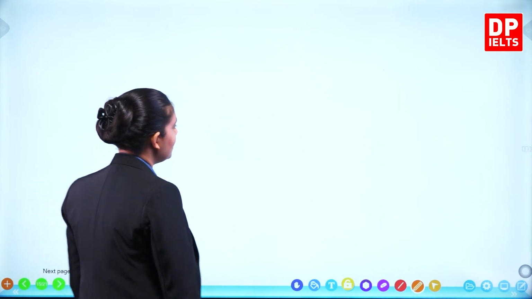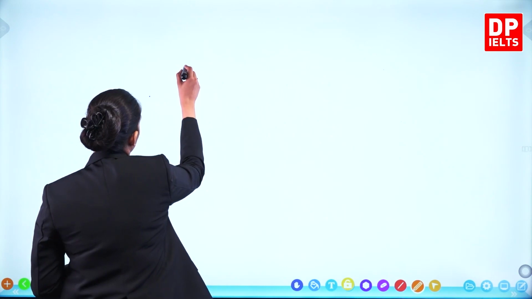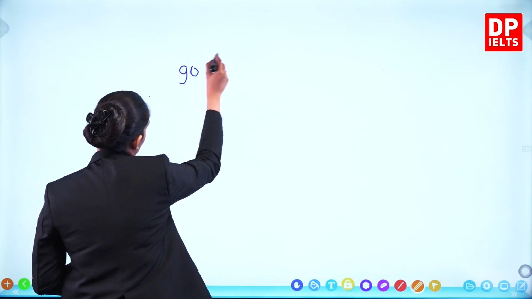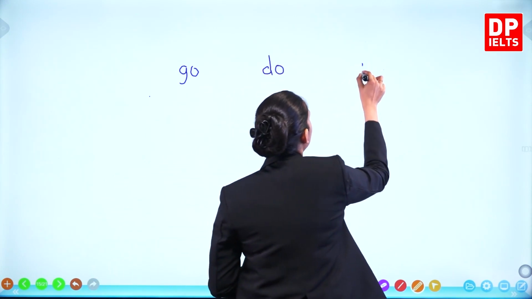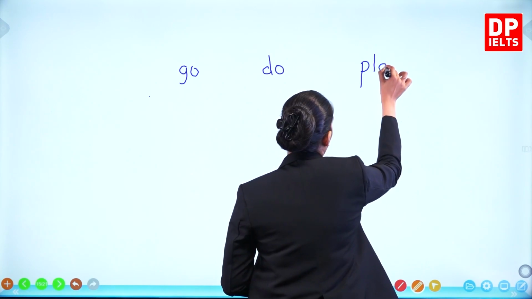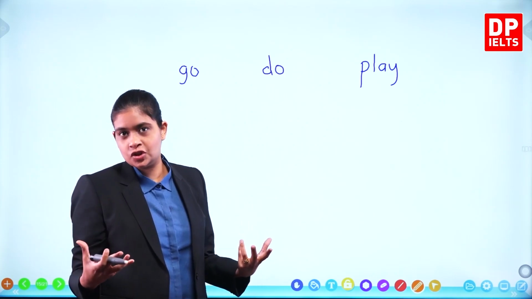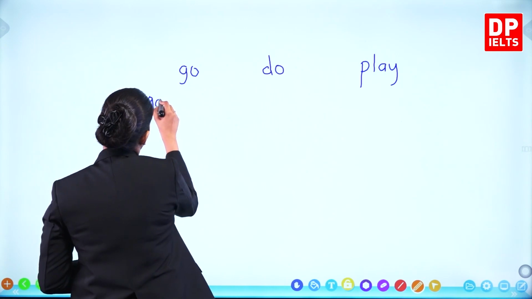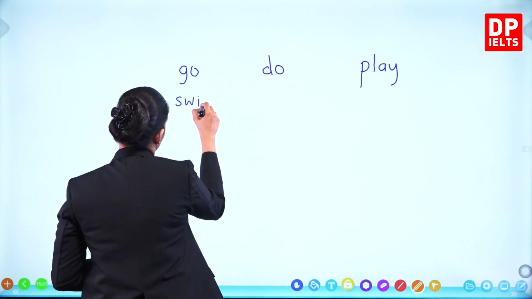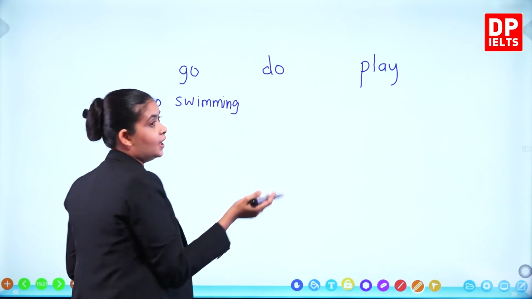One last thing that I'd want to touch on is the 3 verbs. Mainly with sport, we use go, we use do, and we use play. Now, go is usually used with the ing sports. Example, go swimming. You don't say go karate because it doesn't have an ing form.